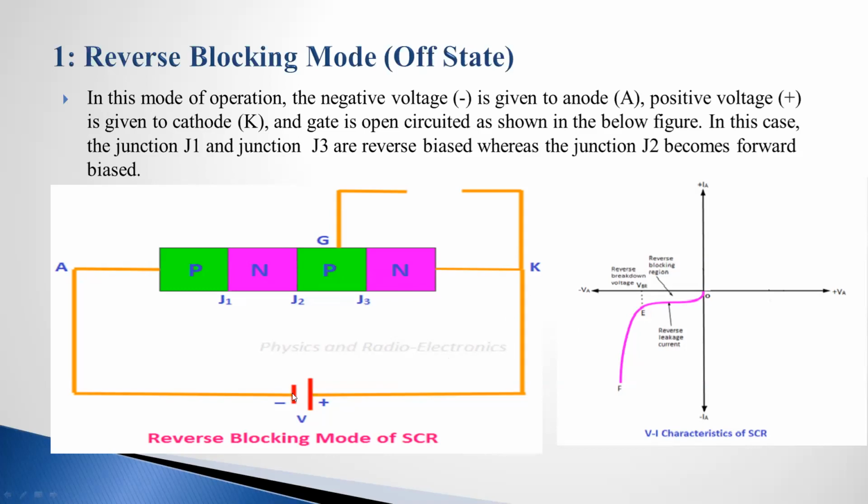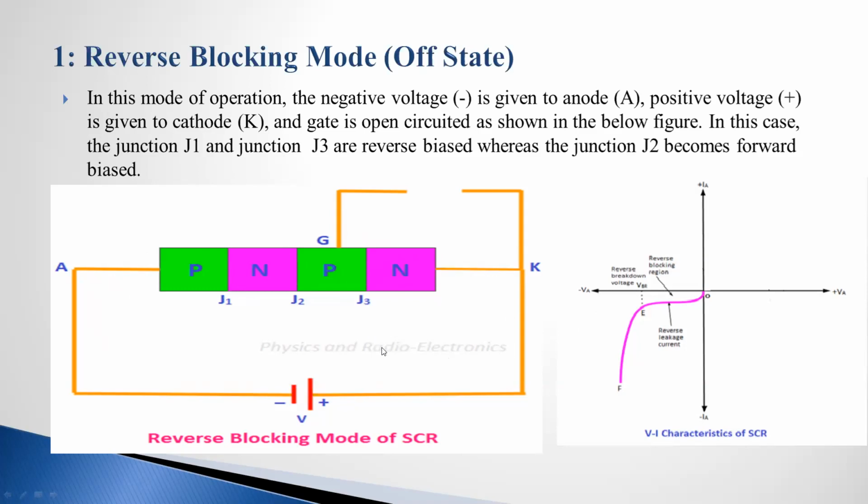By increasing the reverse voltage across the device more and more, at a particular voltage level breakdown will occur. When the breakdown occurs, current starts to flow from cathode to anode, and then there is a chance to damage the thyristor. It should not happen like this.